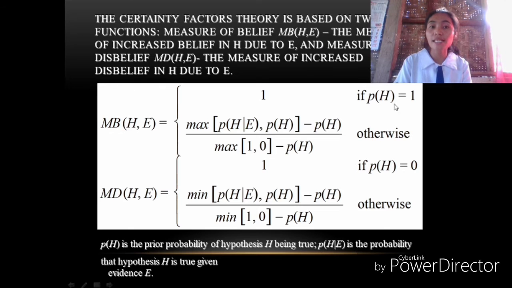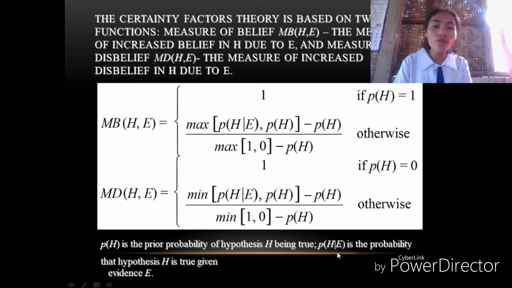If probability of hypothesis is equal to 1, mao ni ang inyuhang formula nga gamiton. Formula sa measure of belief. Otherwise, if P of H or probability of hypothesis is equal to 0, mao ni ang formula imong gamiton, ang measure of disbelief. P of H is the prior probability of hypothesis H being true.